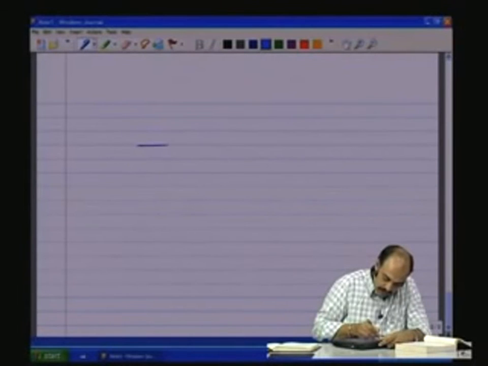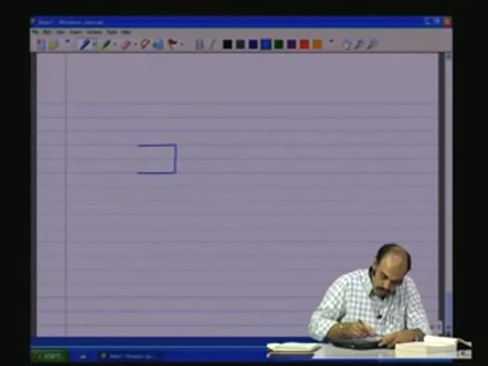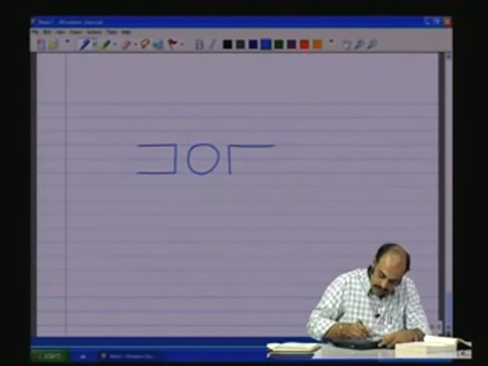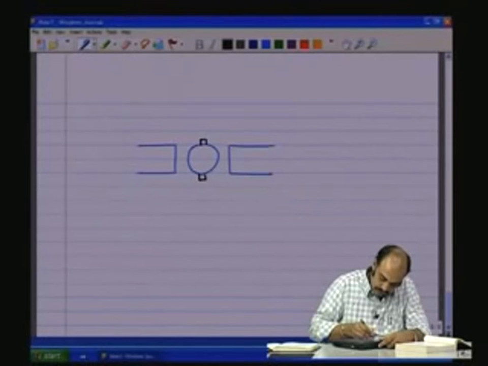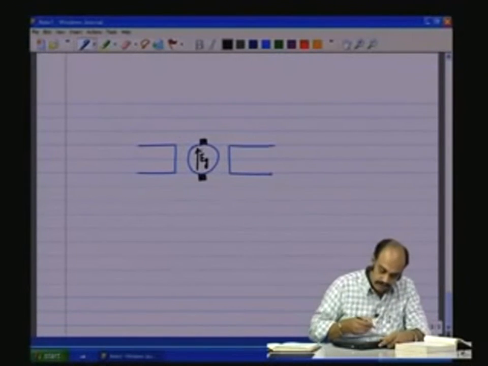Let us say we have the two poles. Let us have the armature commutator all represented within that circle. We have the brush, as shown here. We have actually EG generated between the brushes.